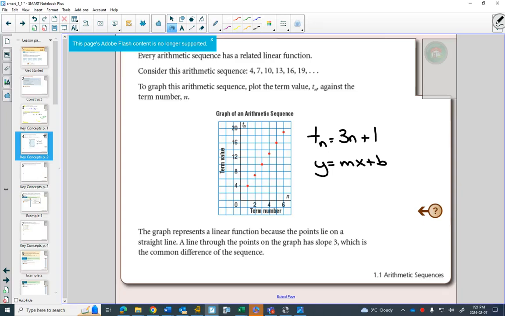But it still makes a nice straight line. And you might notice that if you measure the distance horizontally and vertically from one point to the next, we go over 1 and up 3, and rise over run is like a slope. So we're going to find out that arithmetic sequences follow a lot of things that we noticed with lines. And the slope of the line also happens to be the common difference.